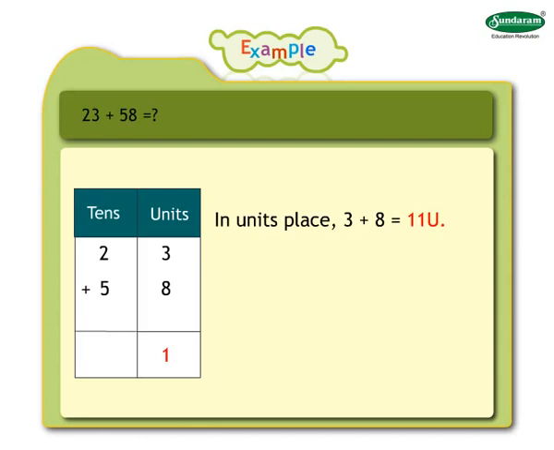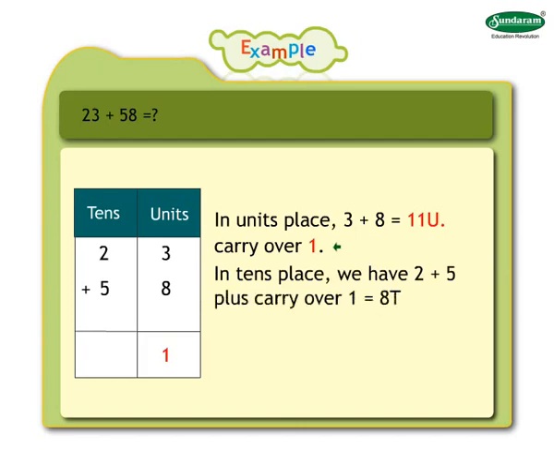Write 1 under units column. Carry over 1 to tens column by keeping it in mind. Now, in tens place, we have 2 plus 5 plus carried over 1 is equal to 8 tens. Hence, 23 plus 58 is equal to 81.